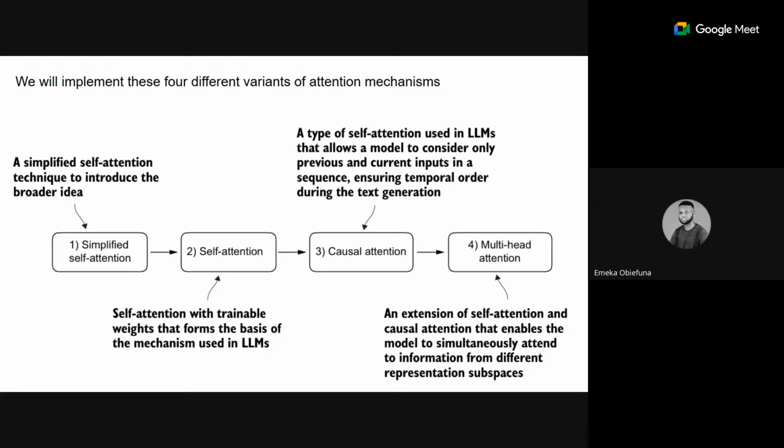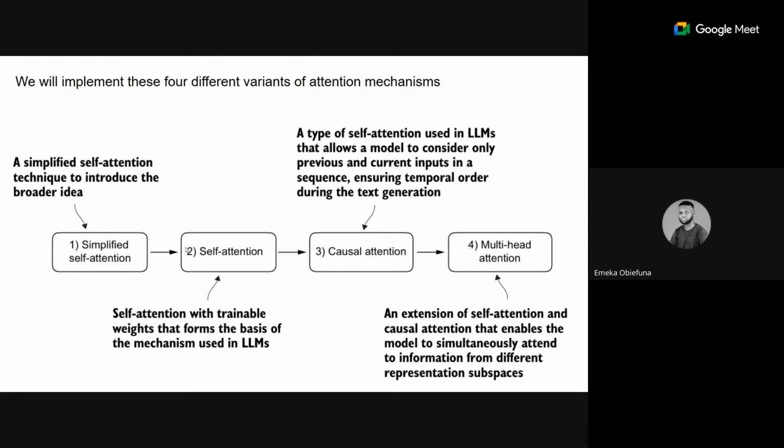The way I structured this section is that we are going to start off by looking at a very simple implementation of self-attention, in fact, an attention mechanism that doesn't involve any trainable weights. Once we've contextualized what this simple attention mechanism is all about and what it looks like, it will make more sense when we enhance it to incorporate trainable weights into the attention mechanism that we've discussed in step one.